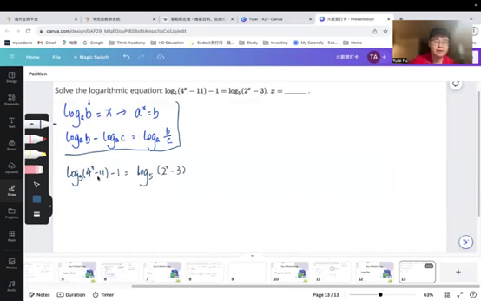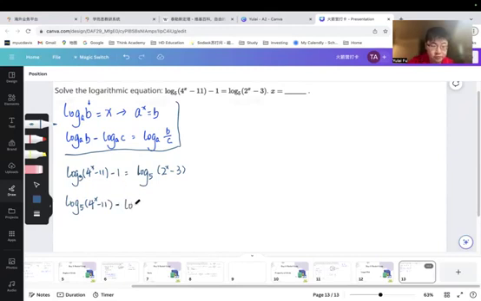For this one, because we have a number that is not a log, let's just change it to a log. So our first step is to change everything to log base 5, the same log, for easier calculation.